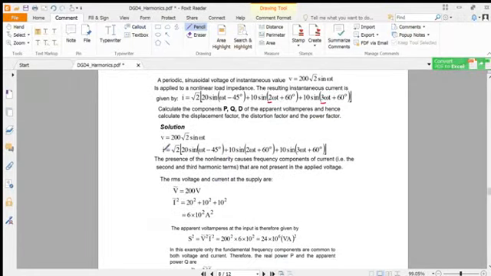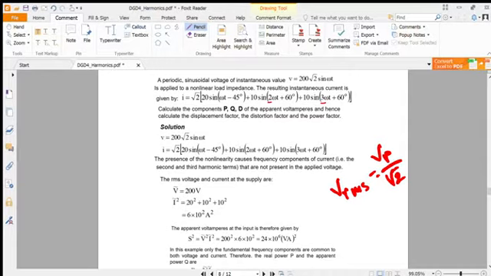So this is the voltage v, and the current is here. We know the RMS value, whether voltage or current, is the peak value divided by square root 2.